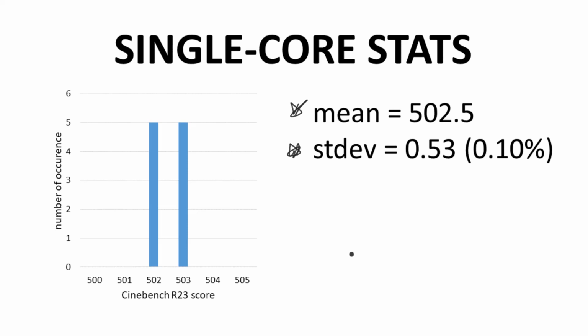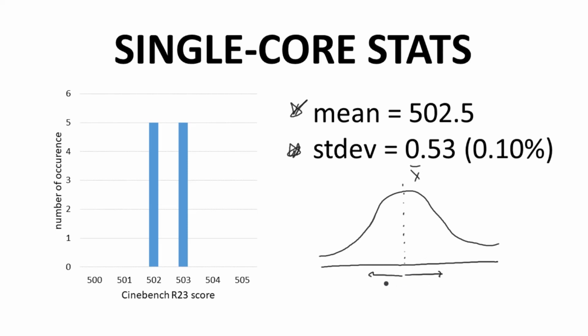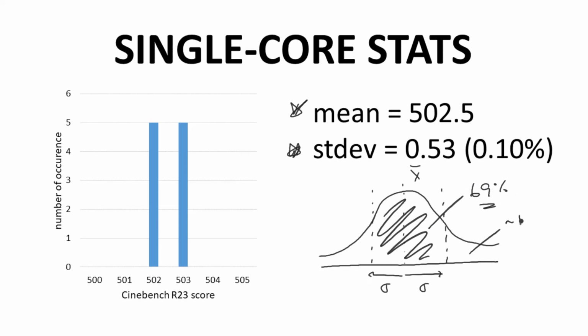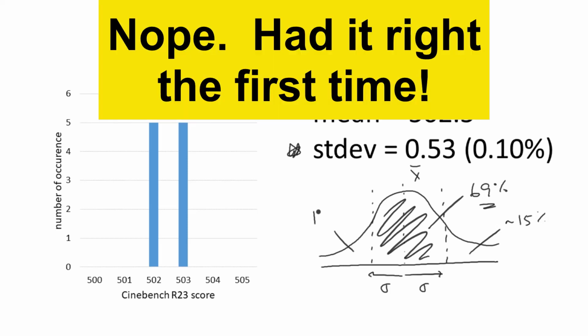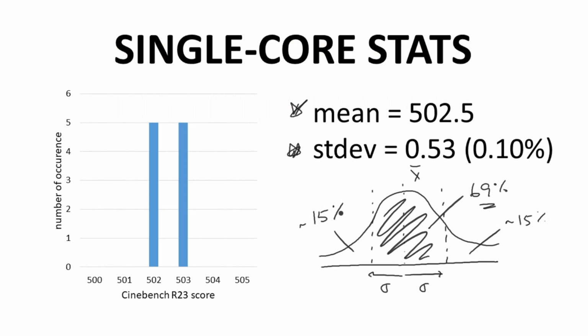If your data follow a normal distribution, the range defined by the mean, that's x bar plus or minus the standard deviation, that sigma, will include approximately 69% of the sample data, with about half of the remainder, a bit over 15%, below this range, and about half, 15%, above this range.